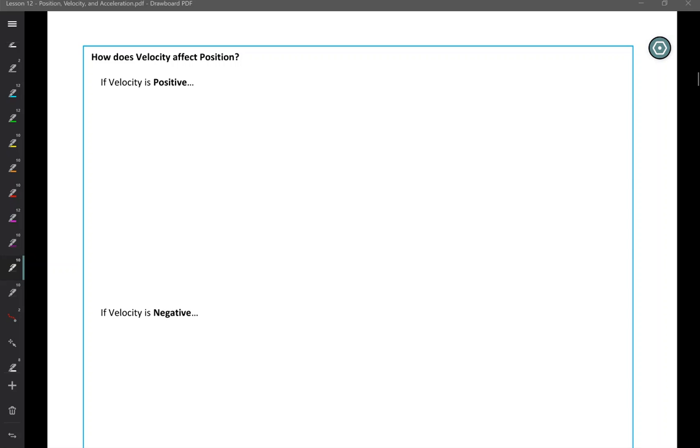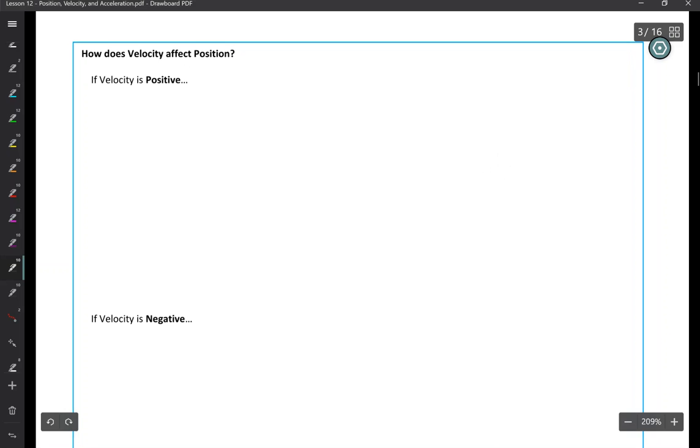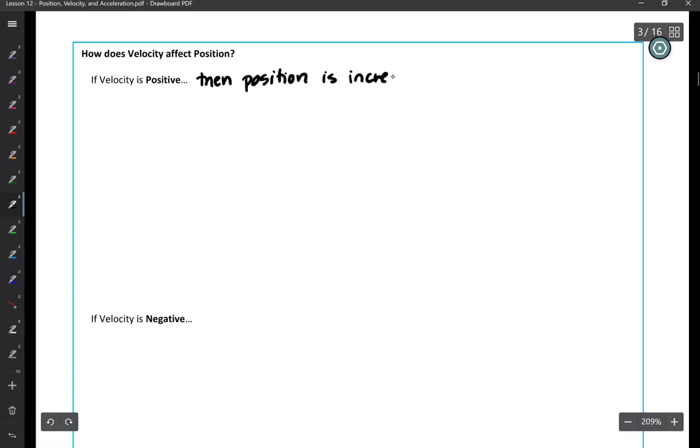All right, so how does velocity affect position? So if velocity is positive, then position is increasing. And we'll think about why in a second.